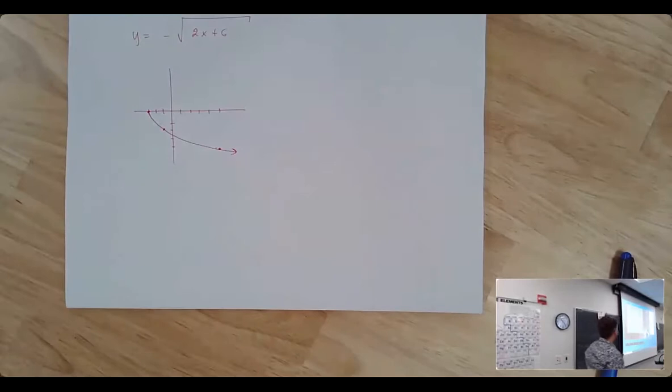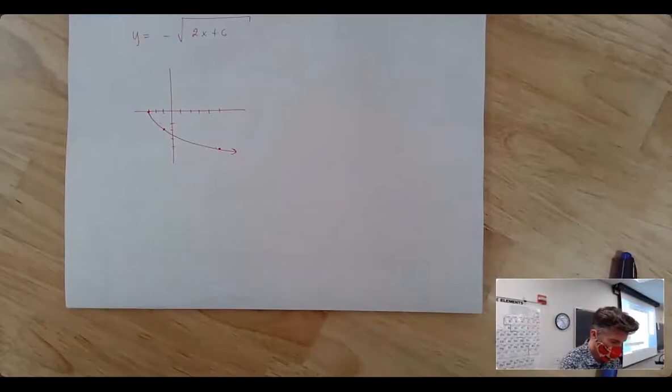So I think this is a great time to utilize Desmos because it really can help you see what's going on as you add in each little piece. For example, we can start with the square root of x.